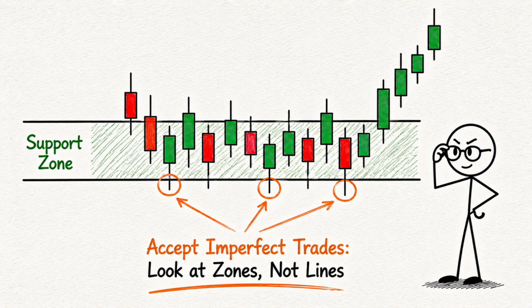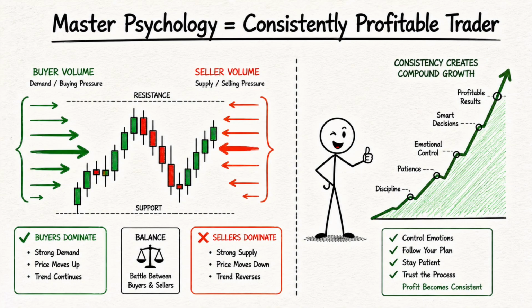As a professional trader, you have to accept these imperfect trades and train your eyes to see zones instead of lines. The moment you drop the expectation of a perfect textbook pattern and start understanding the buyer and seller psychology hidden behind the candlesticks, that is when you will truly become a consistently profitable trader.